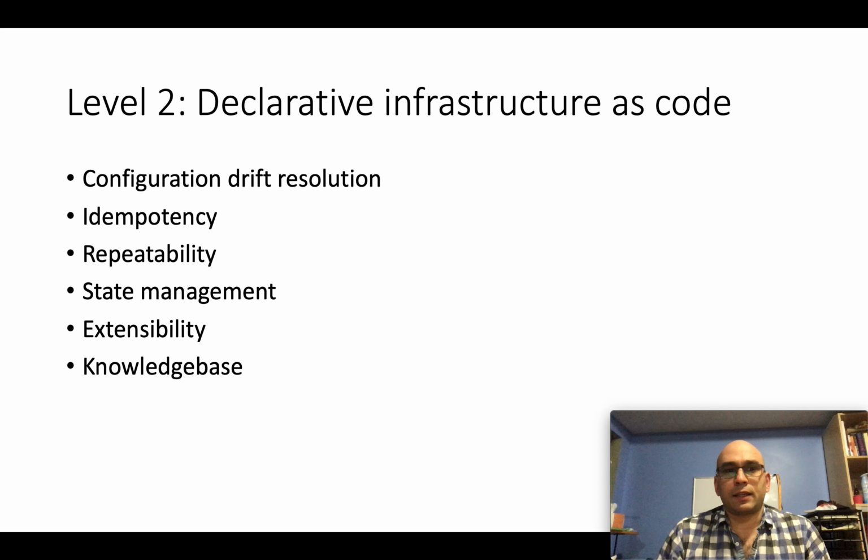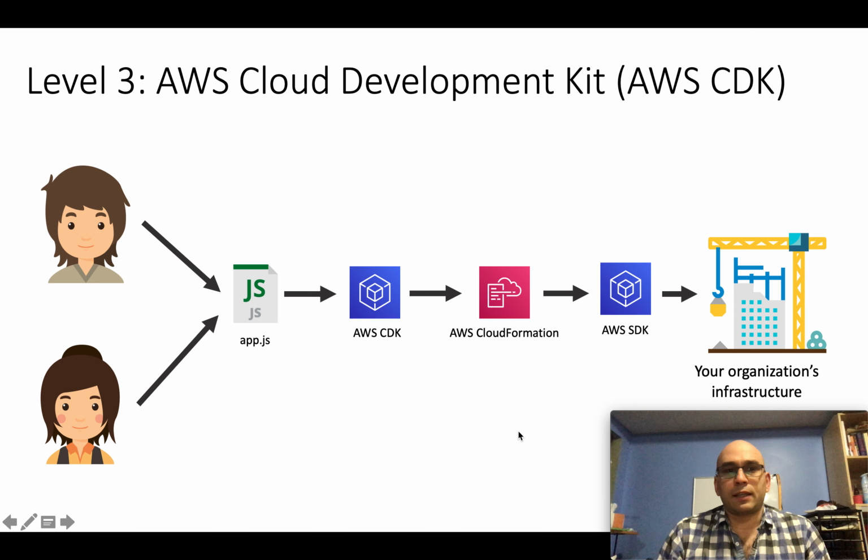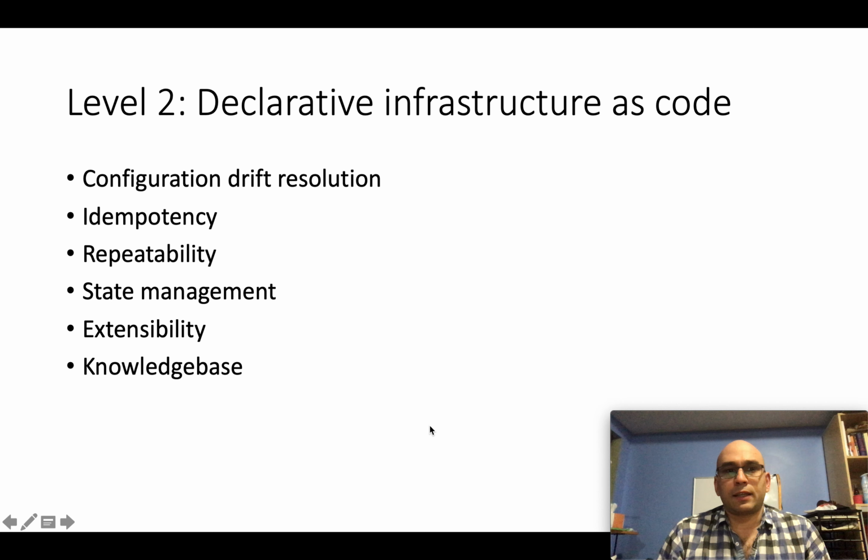So as an example, if you're using the script to create your environment in development, and then you use the script to create it in the production environment, you're going to get two exactly the same environments, which is really cool, right? Because you want to make sure that your development and production is the same. And repeatability is also in line with idempotency, right? So you want to make sure that you can recreate your environment if need be.